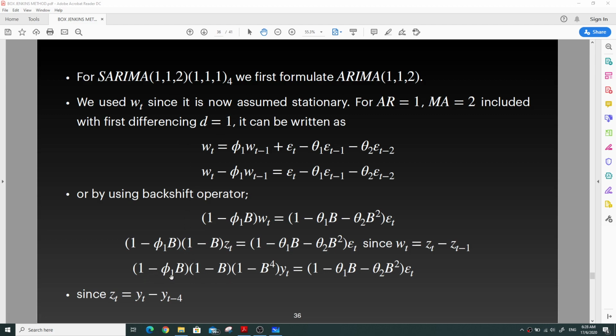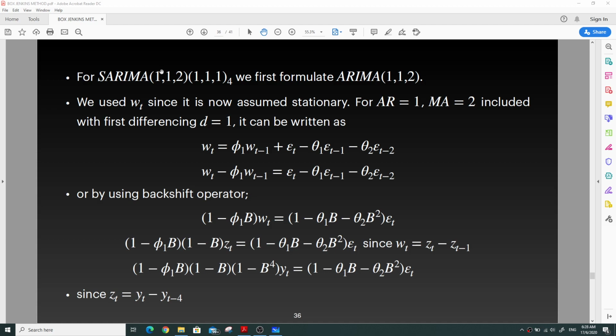So here, as we can see, 1 minus phi1 B is for AR(1). 1 minus B tells how many non-seasonal differences we need, which is actually 1.